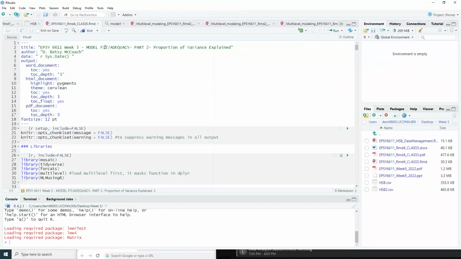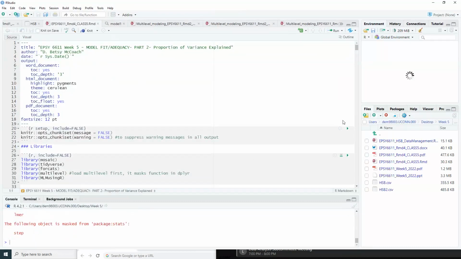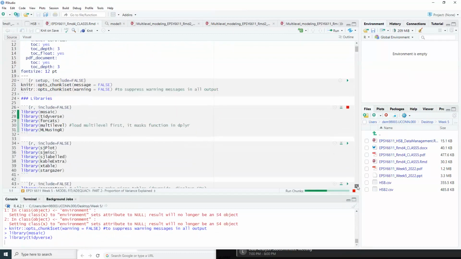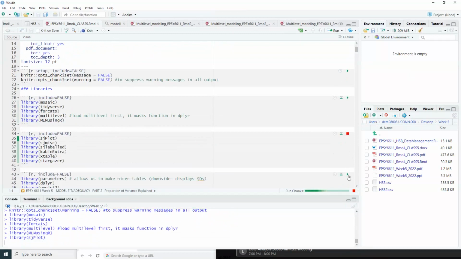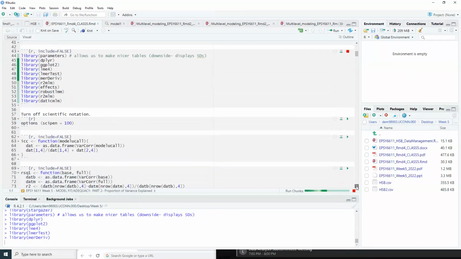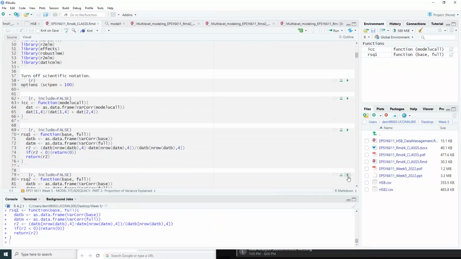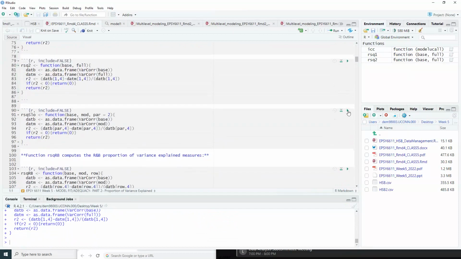So the first thing I'm going to do is some housekeeping and call my libraries, right? I don't even need all of them, but I'm going to call them all anyway. Turn on, okay. And I don't know if I need these functions or not, but I will do that anyway.